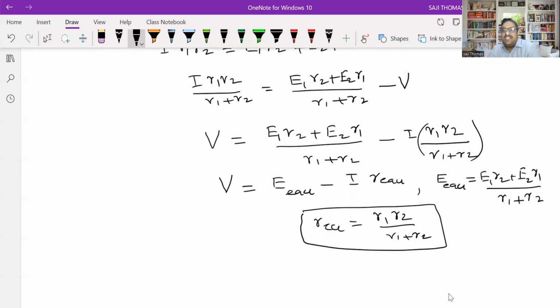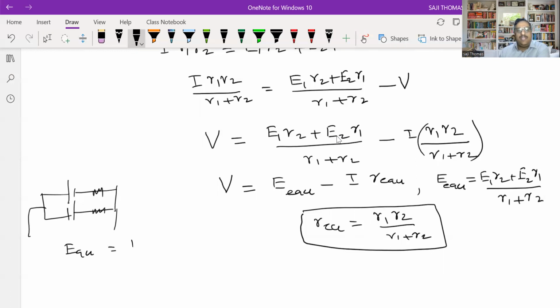Children, this derivation is very important from the examination point of view. If the cells are connected in opposition like this, one cell is like this and another cell is like this, connected in this way, then the equation becomes: positive and negative of the cells are in reverse order, right?